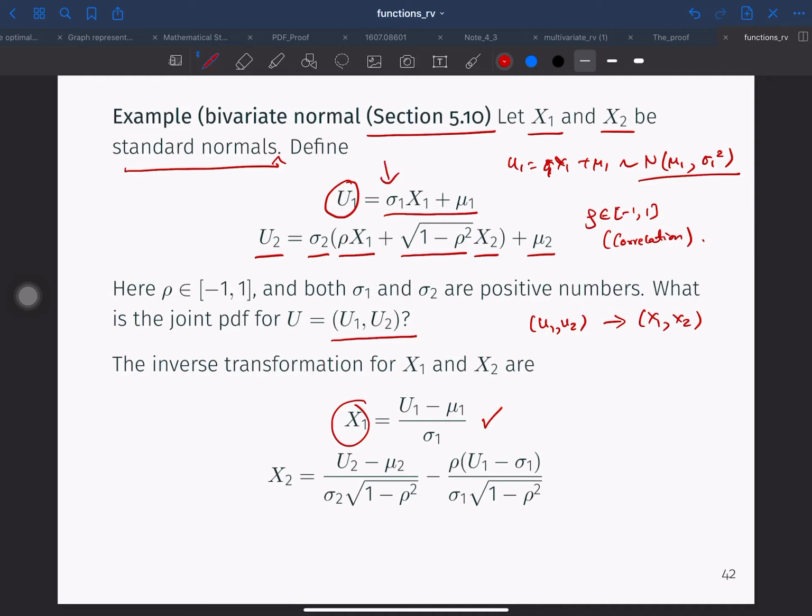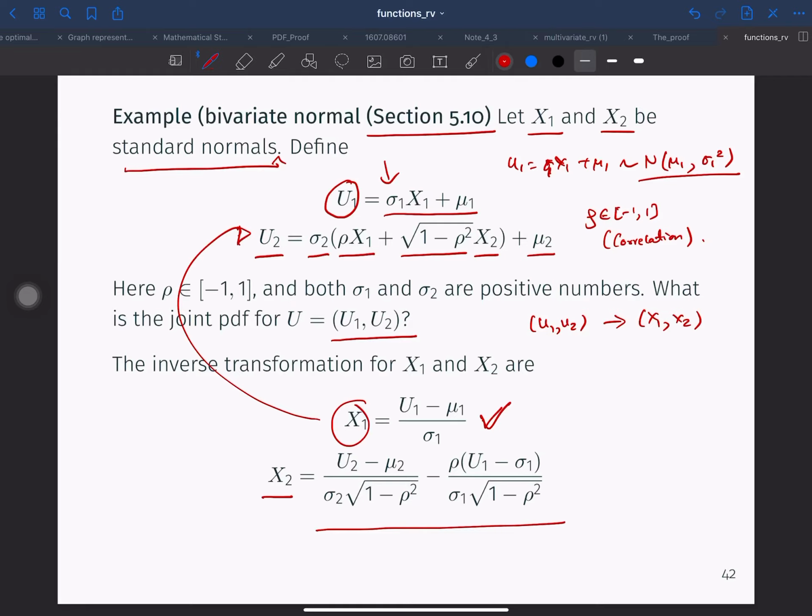Once I have that, I can substitute this expression into the other one and derive X2. So X2 is simply given as follows. That is the inverse transformation from U1, U2 to X1, X2.